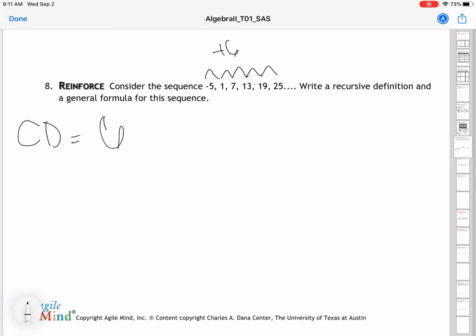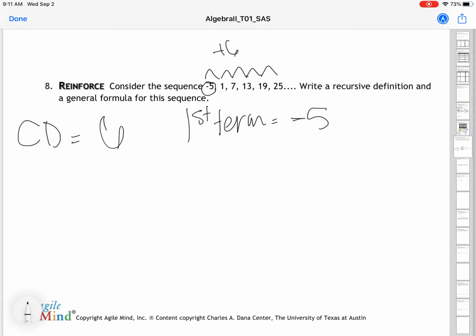Now, my first term is -5 right here. Okay, so I'm writing two equations.